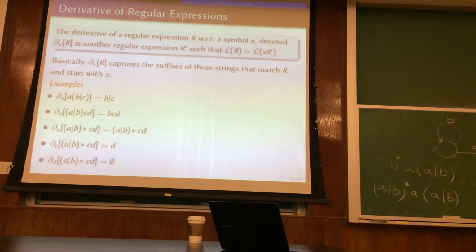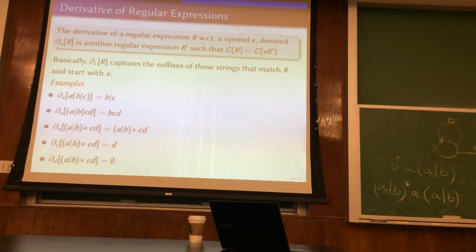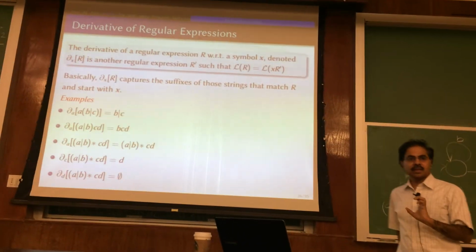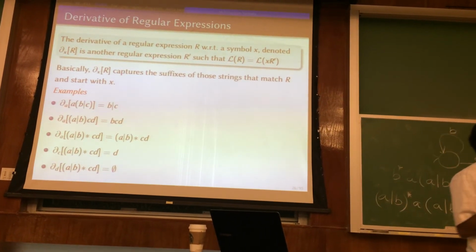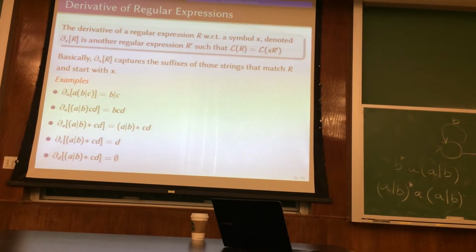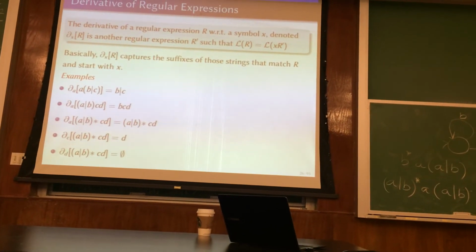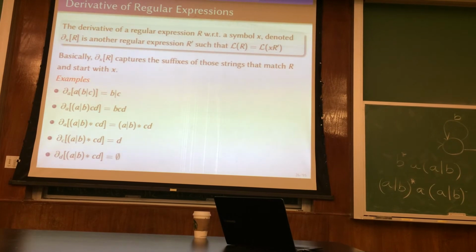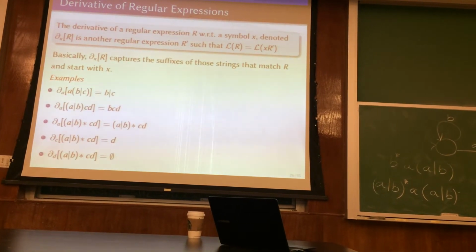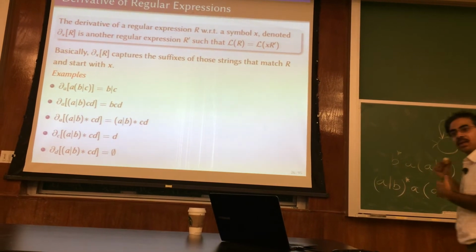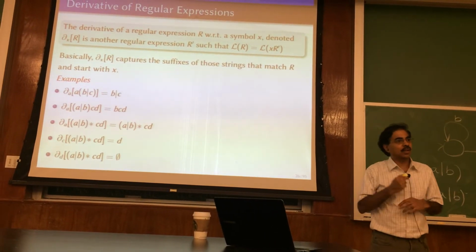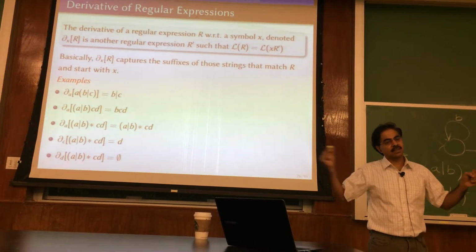So it's more like what is left over to match. I have matched X against some part of the regular expression, and now I have to match the remaining part. So the derivative is telling you something more like a residual. After you match some part, what is left?